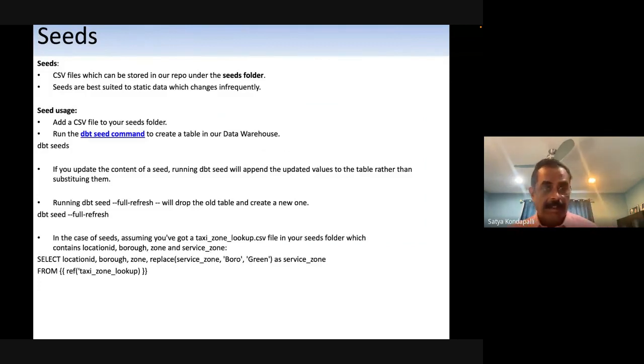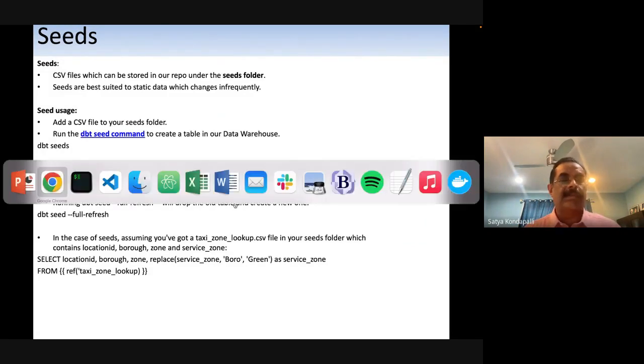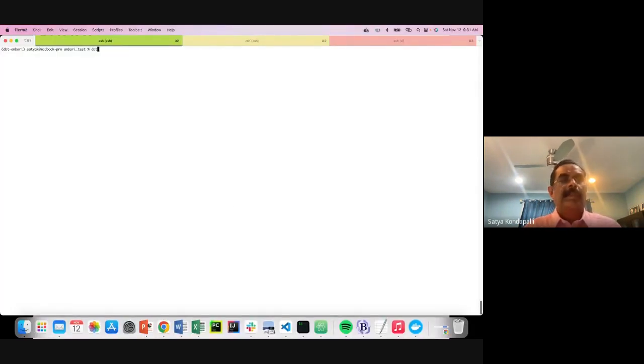There are multiple ways to run the seed. Before we do anything, I want to make sure my project is connecting to Snowflake. So what we do is dbt debug.